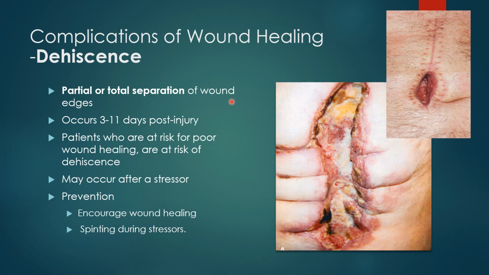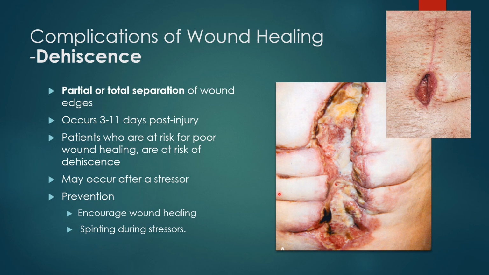Patients who are at the greatest risk for wound dehiscence are the patients who are at risk for poor wound healing. So these are patients who have poor nutritional status, have an infection, who are obese, or who have external stressors on that wound. Those stressors can be coughing, vomiting, just an act of sitting up using their abdominal muscles.